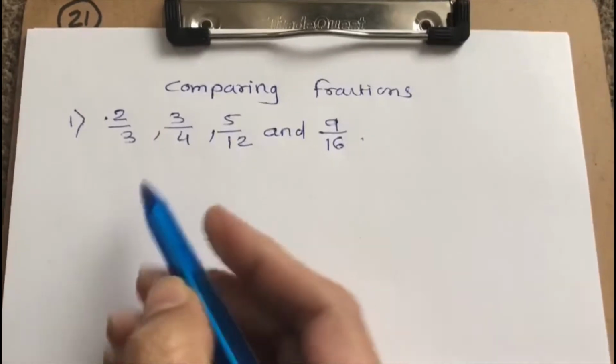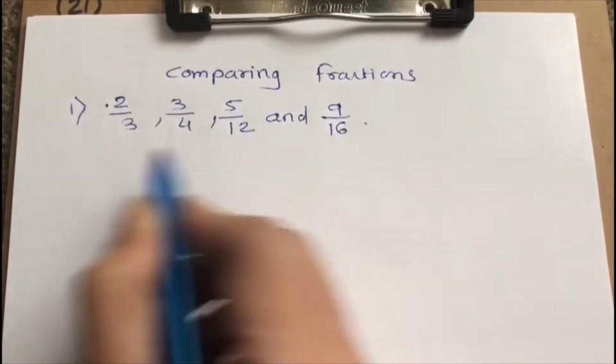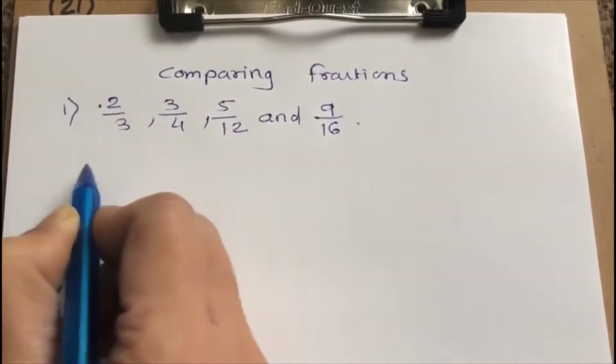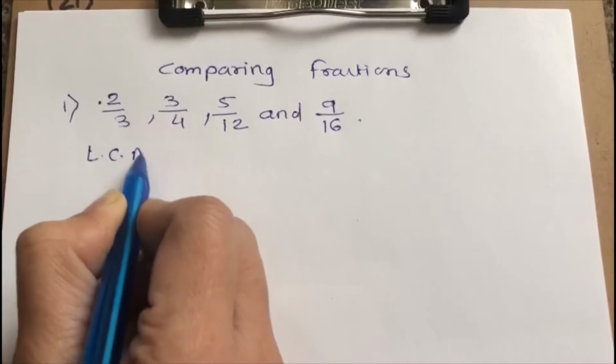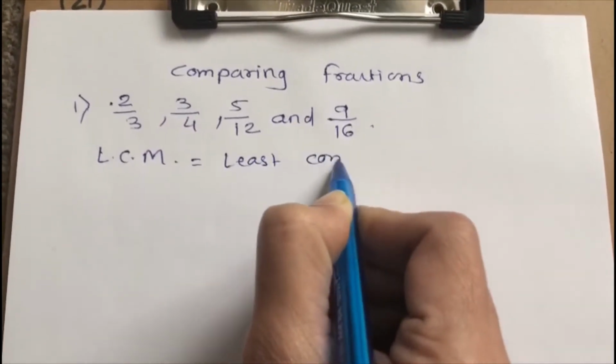So let's get started. First, to compare all these fractions, we need to know the LCM of the denominators. LCM means least common multiple.